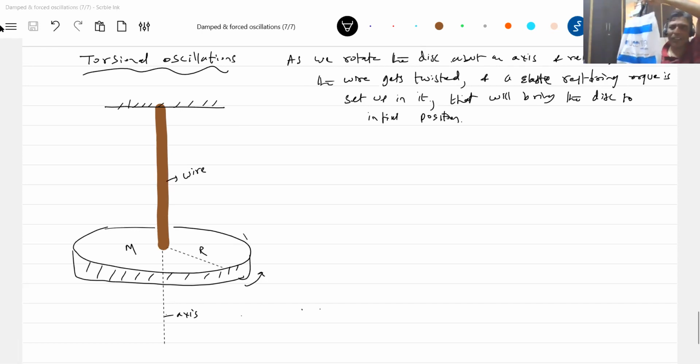Don't say angular SHM. It's angular SHM only, but you have to call it torsional oscillation. The wire will get twisted. So if you take a little bit long one, you can see clearly. It'll be oscillating. You can take some towel or a bag.